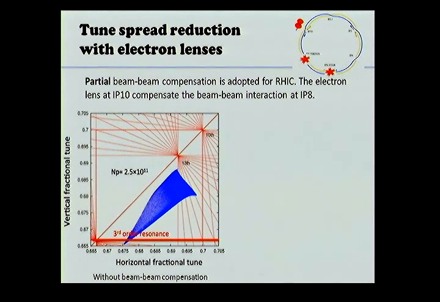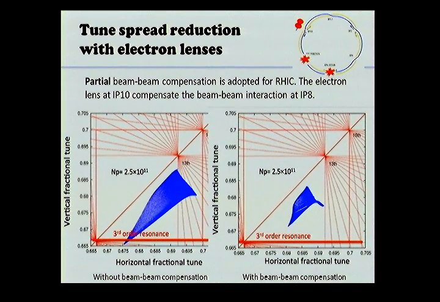This one already showed the beam tune spread without beam compensation with the proton bunch intensity 2.5 times 10 to the 11, so it already touches across the third order resonance line. Here, with the half beam compensation, the beam tune spread is reduced by almost half. So the tune spread with the compensation is reduced and can just be fitted in the resonance free area.